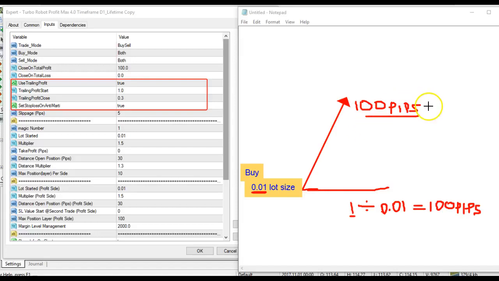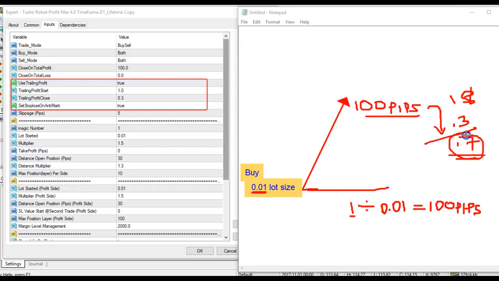All right. So the moment it reverses back here, the moment it reverses back with only 0.3, which means from your $1 USD you minus out 0.3, so your profit left is 7 cents or $0.7.